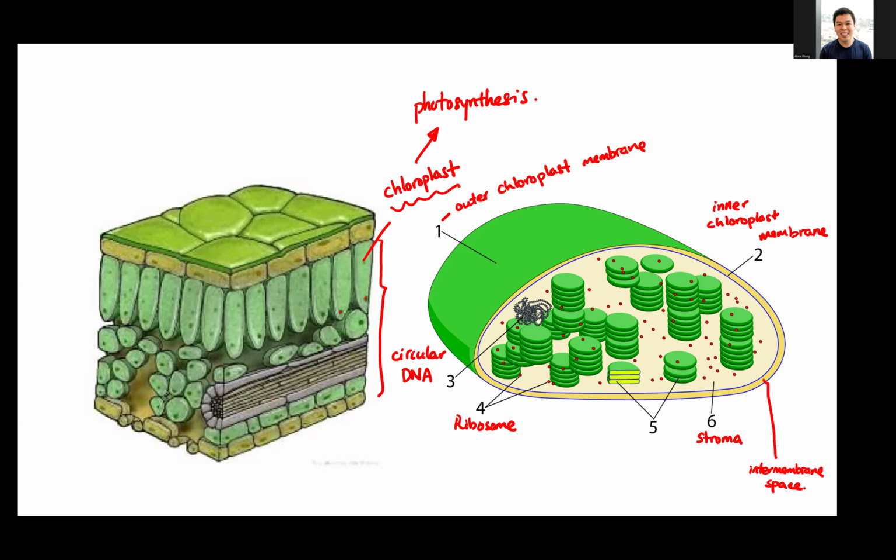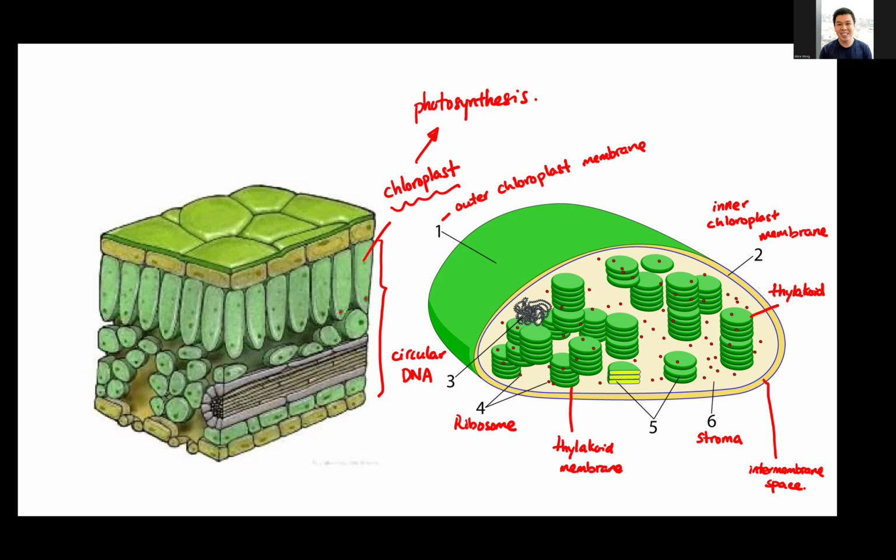This disc-like structure is called thylakoid. Since it is also made of membrane, the thylakoid's membrane is literally called thylakoid membrane. Then the space inside the thylakoid membrane, because it's made of membrane, you can imagine there's kind of like the cytoplasm within that membrane.